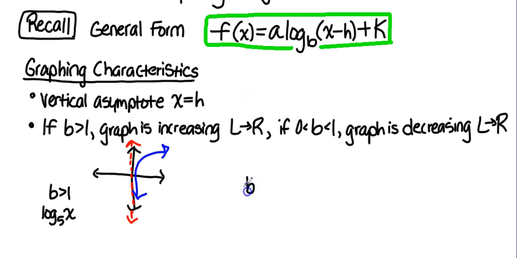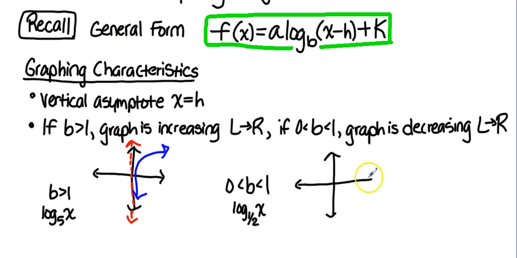If b is between 0 and 1, so for example, log base a half of x, let's now sketch that. My vertical asymptote will still be at x equals 0, but now the graph is decreasing left to right.